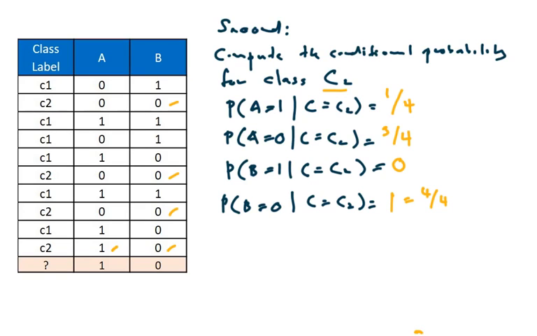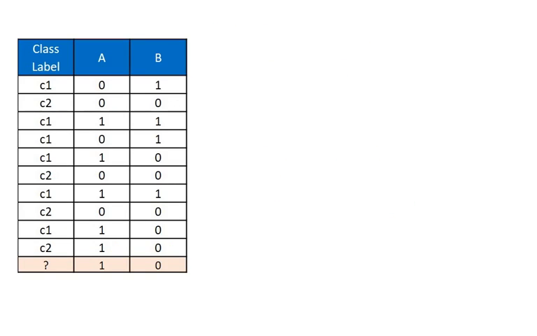Okay, so let's go to the final step. You need to compute the conditional probability. Now we can compute using our first step and also second step for our test sample.